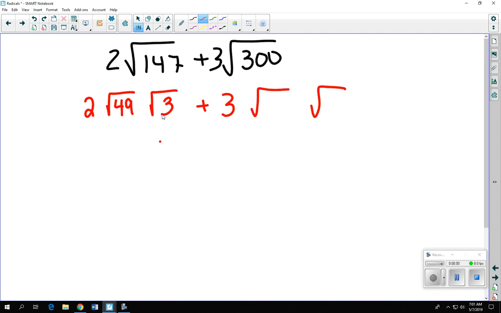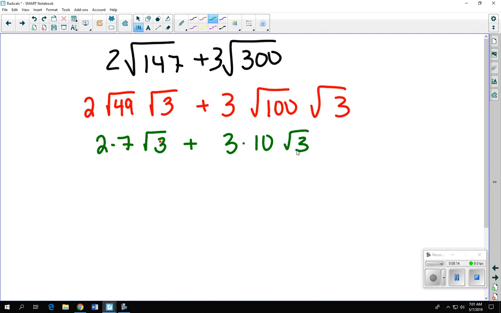And for the square root of 300, I'm going to use 100 and 3. So I'm going to start simplifying these down. 2 times 7 square root of 3 plus 3 times 10 square root of 3. 2 times 7 will be 14 square root of 3 plus 3 times 10 is 30 square root of 3.